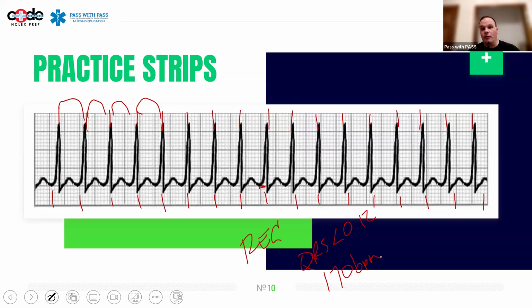So I put 4 rhythms into that SVT bucket, if you remember. I put sinus tach, I put atrial tach, I put junctional tach, and I put atrial flutter. Okay, so one of those 4 rhythms ultimately is what we're seeing here, but it's going so fast that we don't have an opportunity to really identify those independent, distinguishable factors about each of those rhythms.